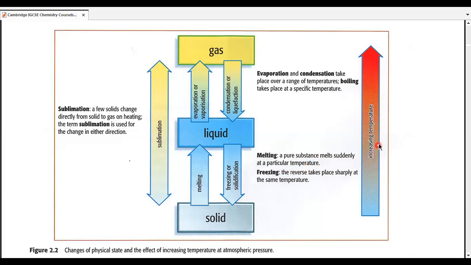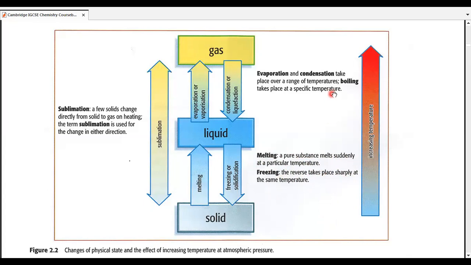That happens by increasing the temperature as shown in the arrow over here. Freezing is actually the reverse. In case of freezing, a liquid is converted back into a solid sharply at the same temperature, but this time we are cooling it instead of heating it. So it's the opposite to melting.